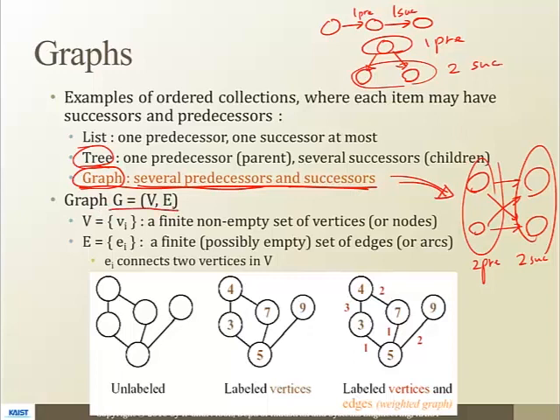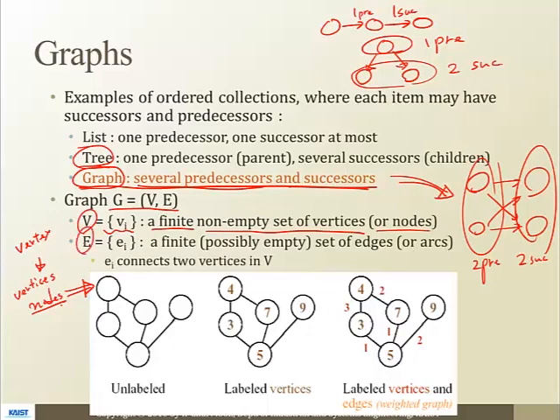So a graph structure can be defined like this. A graph structure is a collection of V and E, and V has multiple elements vi, and it's a finite non-empty set of vertices or nodes. So these circles represent the nodes, as you can expect, and this is often also called vertices. This is the plural form, and the singular term is vertex.